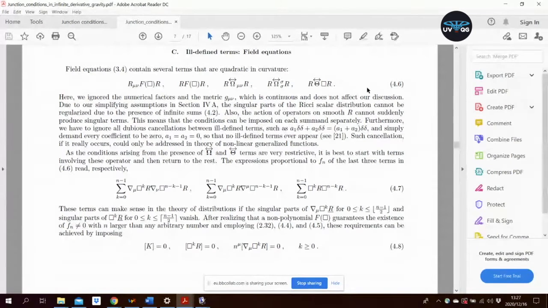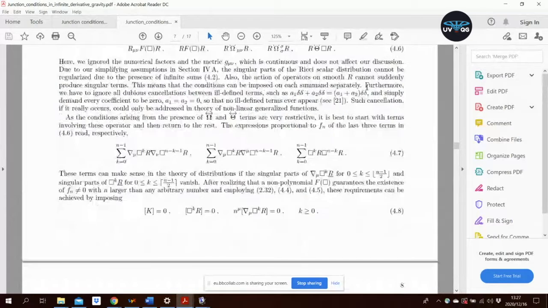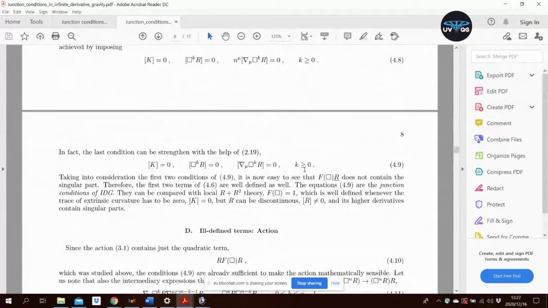When you analyze the field equations and also the action, you see that all these junction conditions need to be satisfied: the jump of the trace of the second fundamental form is 0, the jump of the D'Alembertian to the power k applied to the Ricci scalar is 0 for any k, so also the jump of the Ricci scalar needs to be 0, and the jump of the covariant derivatives of the D'Alembertian applied to the Ricci scalar needs to be 0 also.